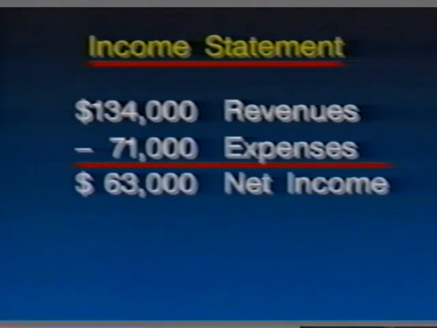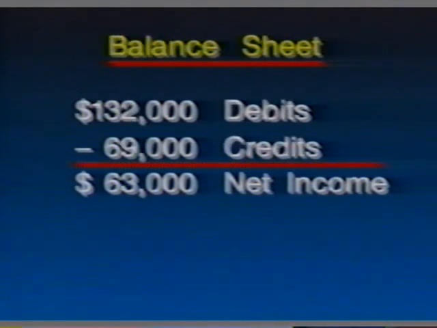This was found by taking $134,000 in revenues and subtracting $71,000 in expenses. This difference should be equal to the difference between the debits and credits on your balance sheet. $132,000 in debits minus $69,000 in credits also equals $63,000.